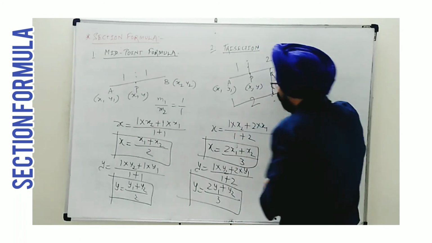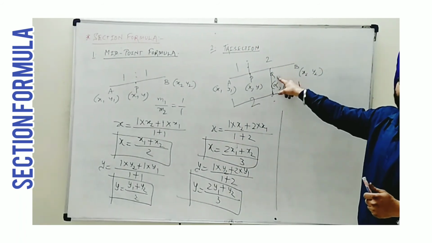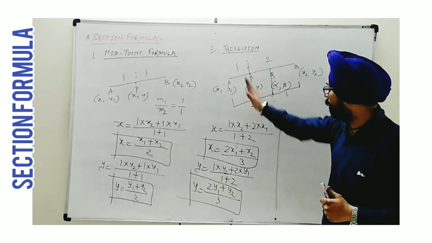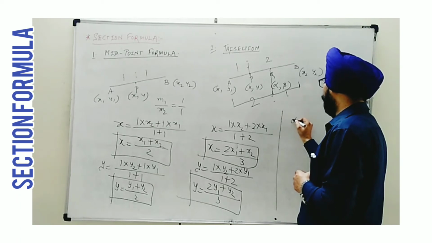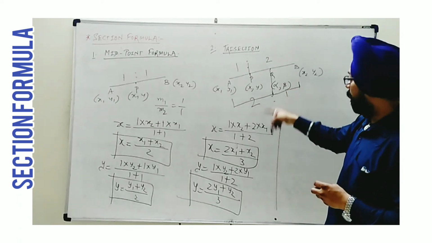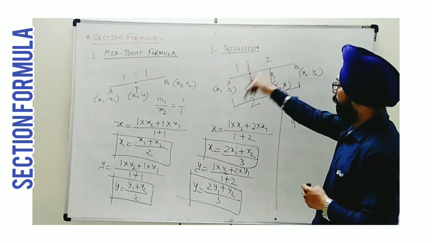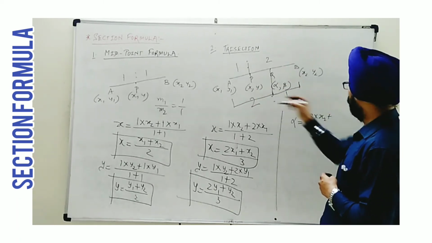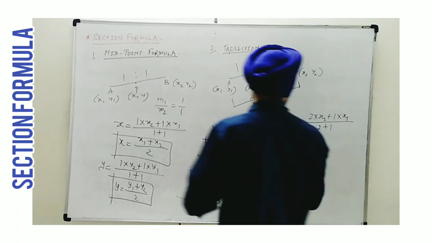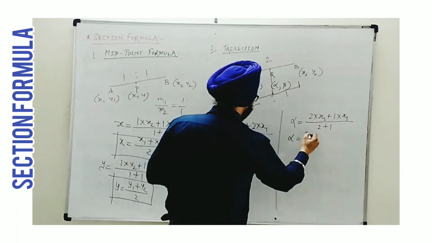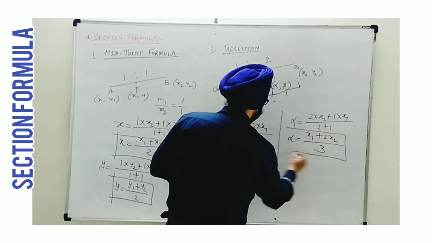With respect to Q also we have to see. What is that? With respect to Q, as I said, it divides the line segment in 2:1. So how can we do it? If I need alpha, the abscissa, then it should be 2 into x2 plus 1 into x1 upon their sum 2 plus 1, and we get alpha equal to (x1 plus 2x2) upon 3.